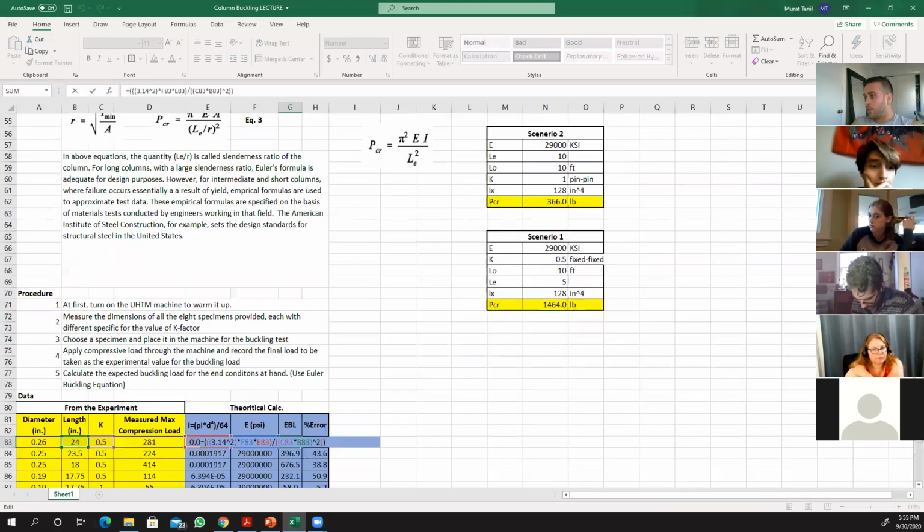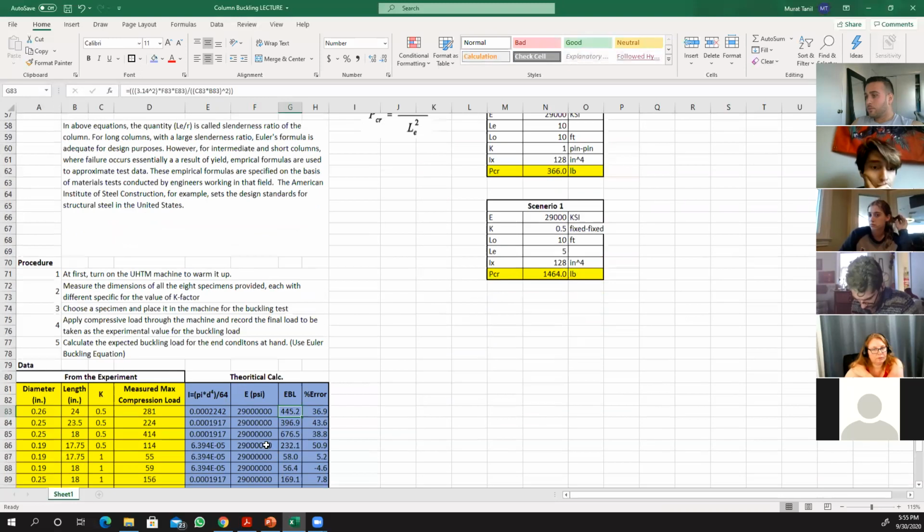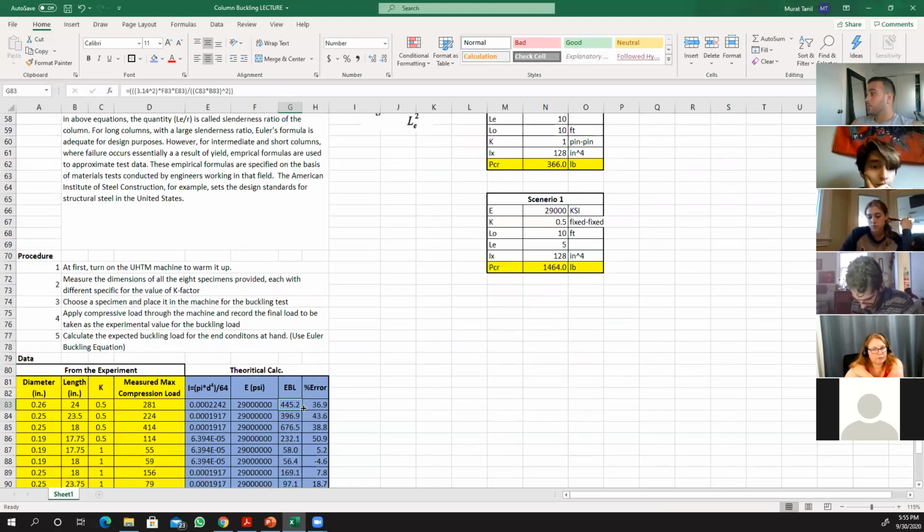If you plug in this equation right here, you're gonna get your elastic buckling load. This elastic buckling load is in the elastic region. If you go beyond this elastic buckling load, you're gonna deform your column permanently, which you don't want. And you saw in the example of the Hard Rock Hotel, in the picture, it was buckled permanently.